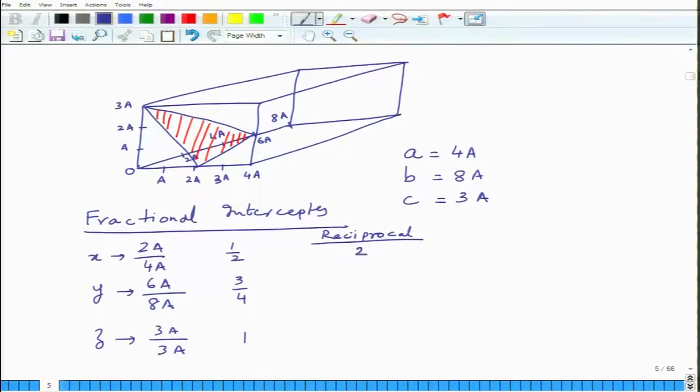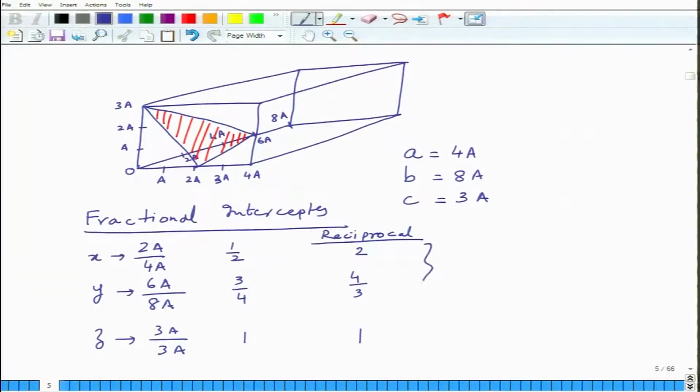Reciprocal of this is 2, 4 by 3 and this is 1. But hkl has got to be integer, okay. So, you need to convert this into the smallest set of integers. If you convert this into the smallest set of integers, what do you get? So, you get 6, 4 and 3. So, this plane is 6, 4, 3. That is how you determine the Miller indices of a given plane.